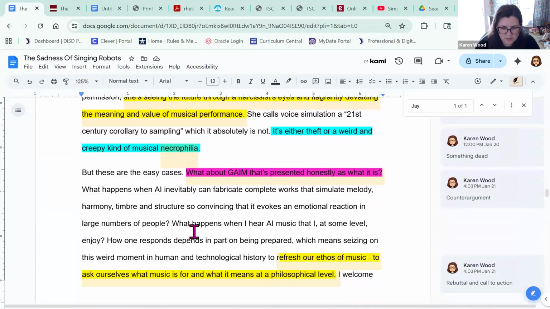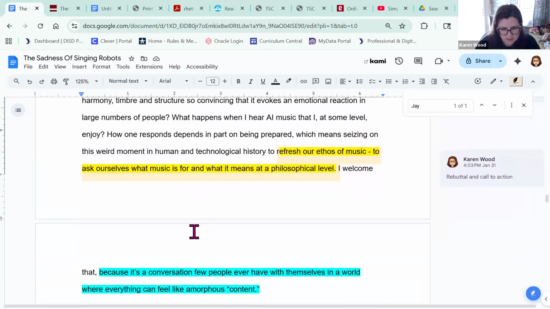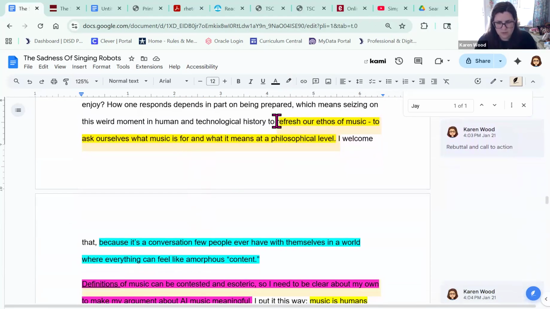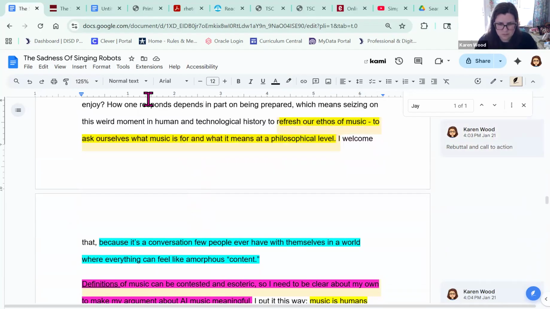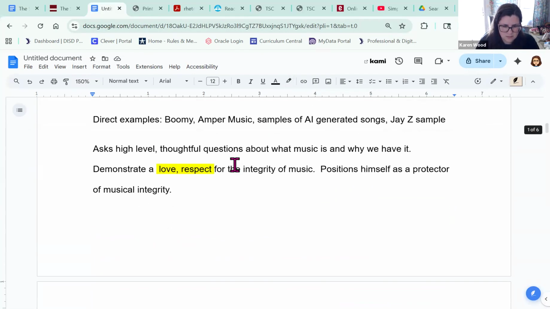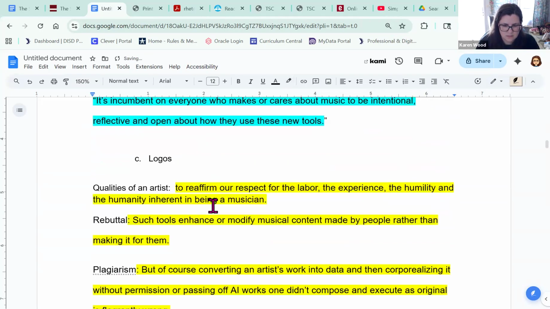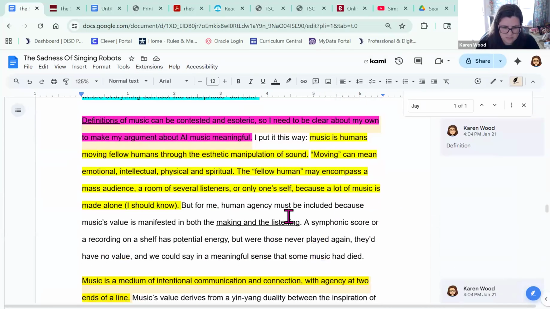I don't really want to talk about deep fakes on this one. Ooh, I should put this on ethos. Definitions.